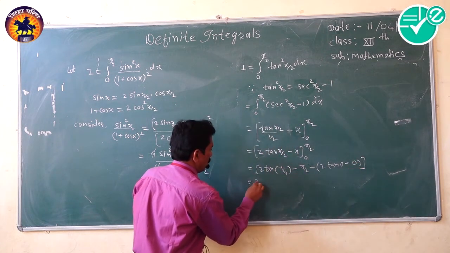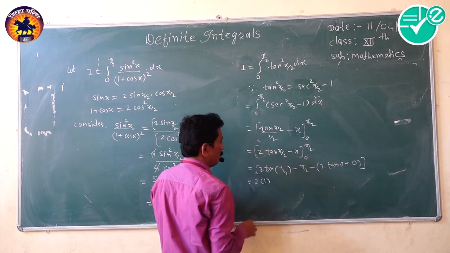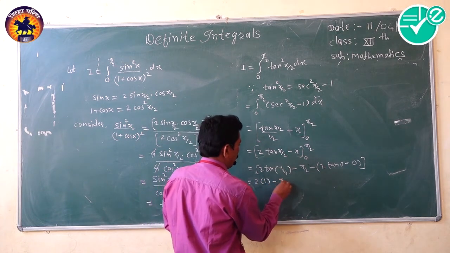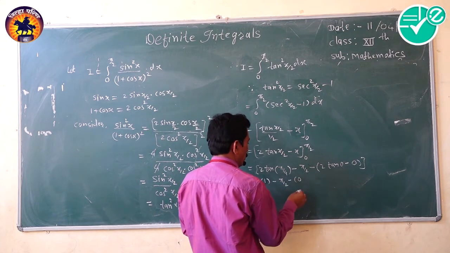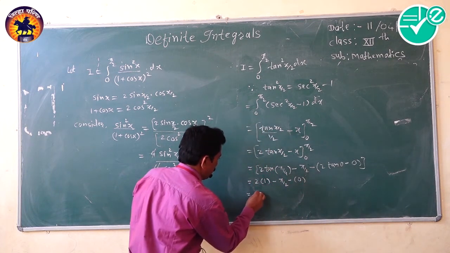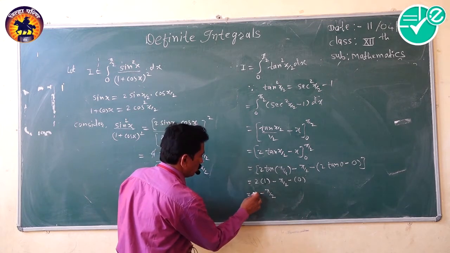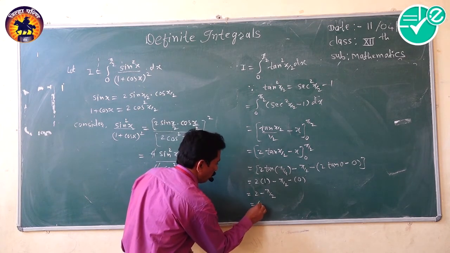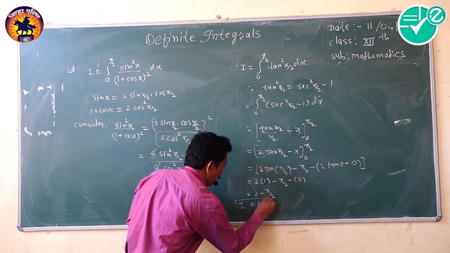This is equal to 2 tan pi by 4, the value will come 2 into 1, minus pi by 2, this minus 2 tan 0 is 0, and this is nothing but 2 minus pi by 2, or we can write this as 4 minus pi upon 2. This is I.